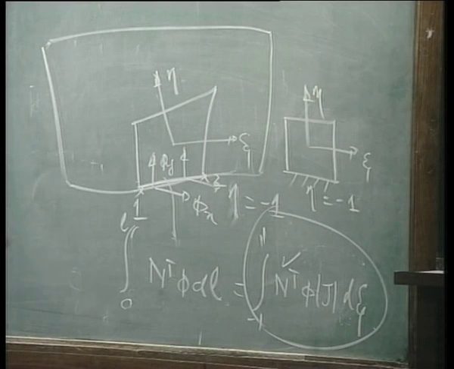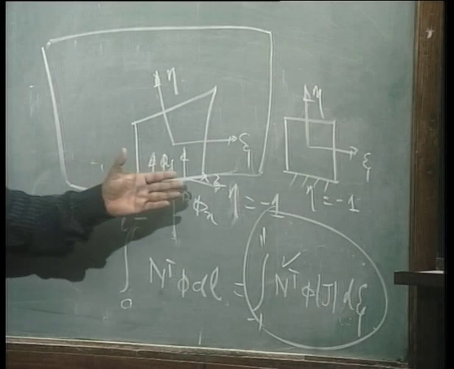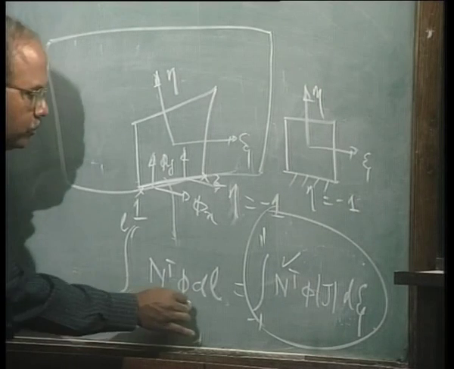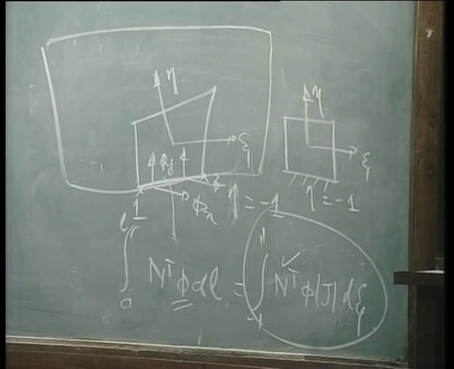Now there is always a tendency to replace this phi by multiplying it by the total length, dividing by 2 and putting it at 1 and 2. There are two things that you have to notice. One is that you should always look at how phi is defined.